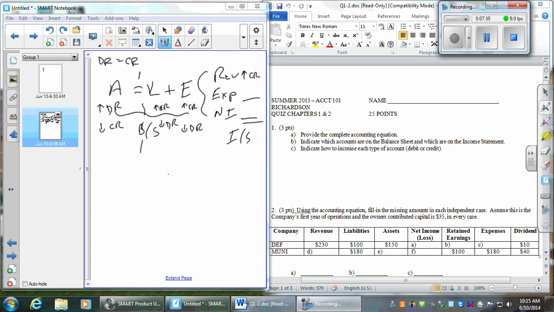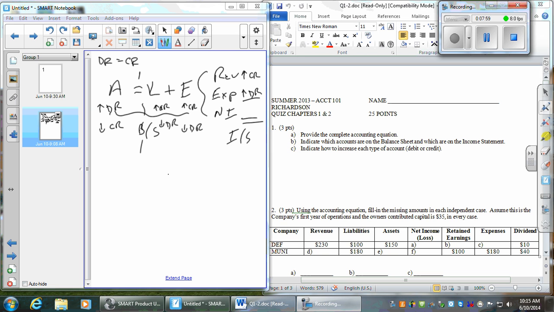So, how about expenses? Increase with what? With a debit. And why would I increase expenses with a debit? It decreases your wealth. That's the real reason. Equity is my wealth, so I'm increasing my wealth with credits and reducing it with debits.